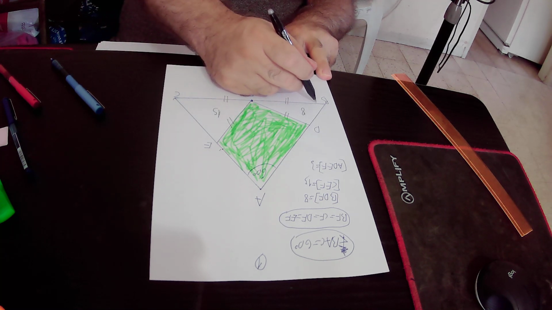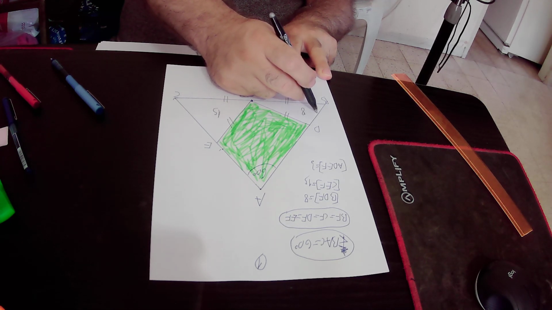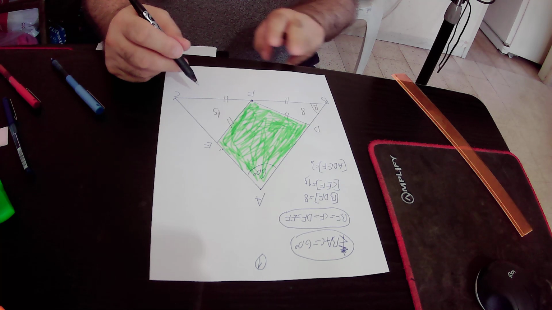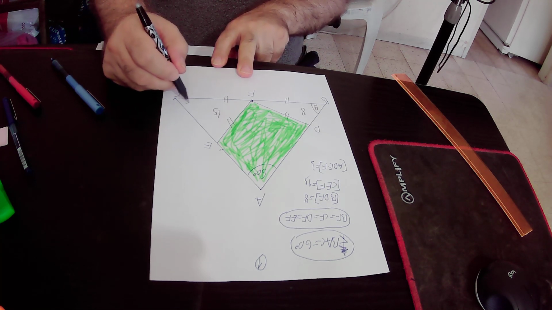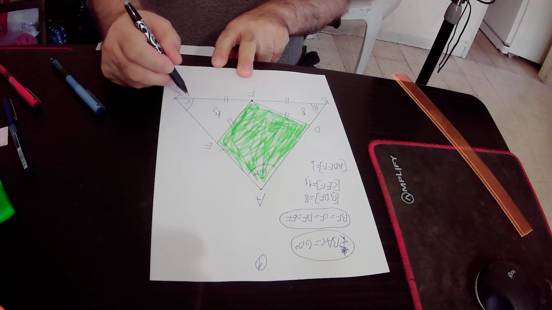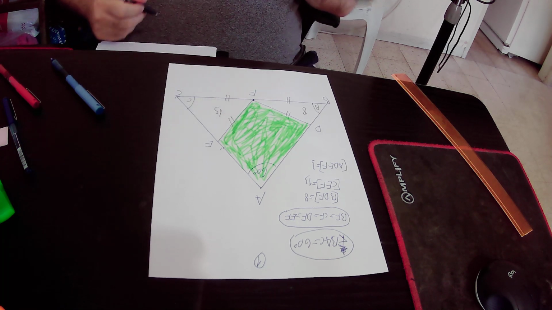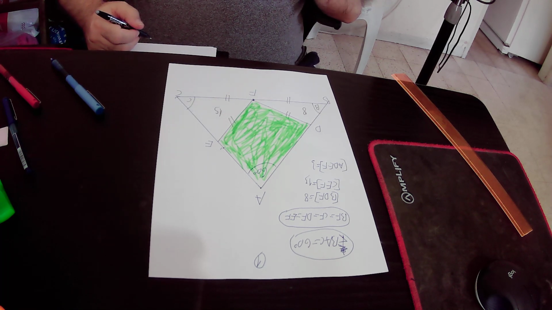This angle is B, and we will define angle ACB. This angle is C, and we know that the sum of the angles in any triangle is equal to 180 degrees.